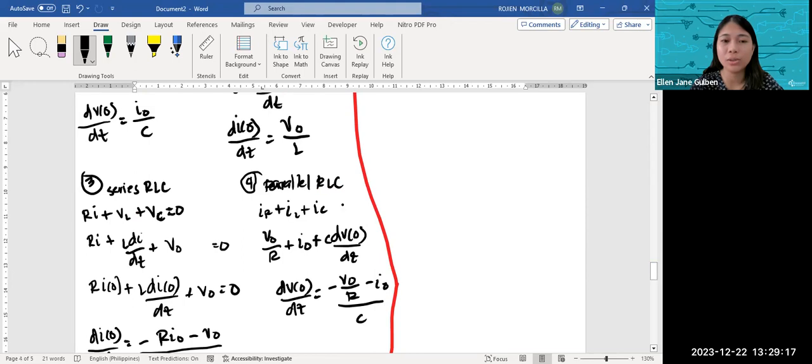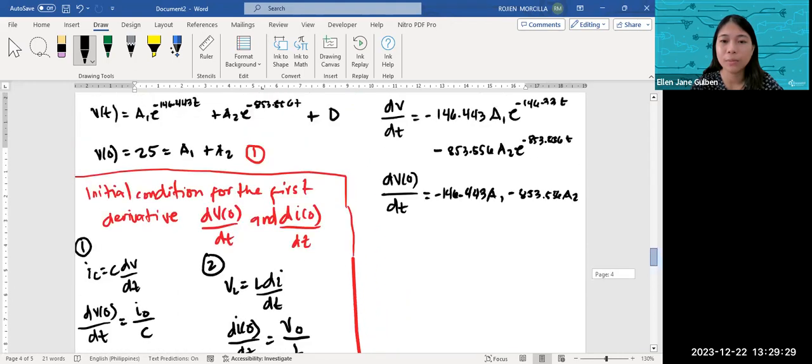I guess we can use this one since our circuit is parallel RLC.